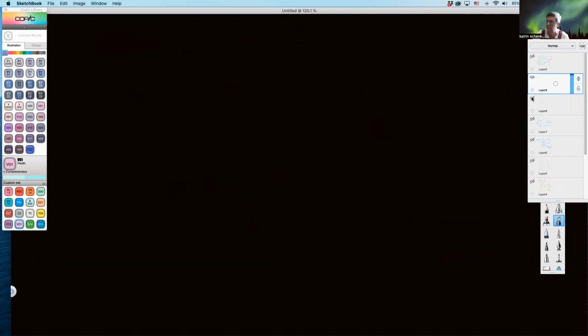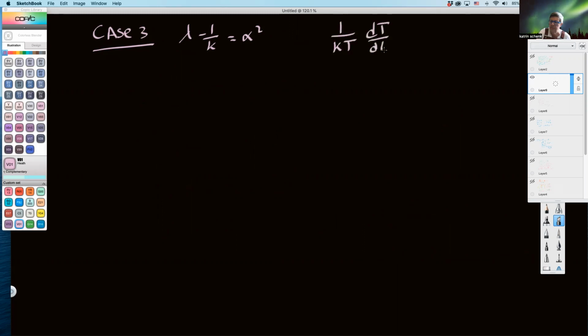So this is case 3 again, and just to remind ourselves, that's lambda minus 1 over k equals alpha squared, greater than 0. We have 1 over k times 1 over T dT/dt equals minus lambda. Now we can see lambda is 1 over k plus alpha squared.